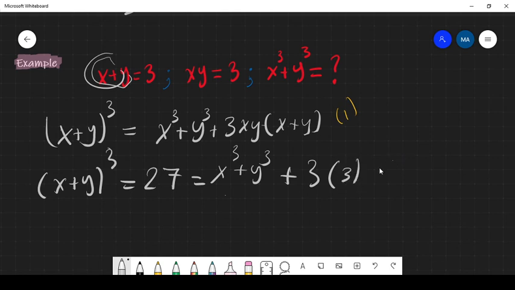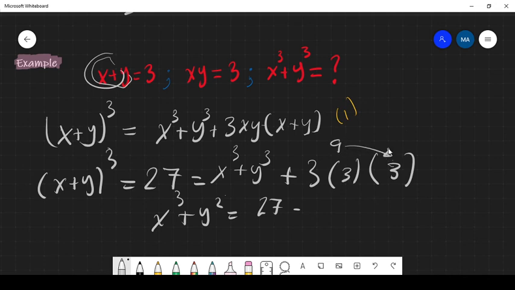So multiplied by 3. X plus y is 3, so multiplied by 3. So x cubed plus y cubed is equal to 27 minus 3 multiplied by 3 is 9, multiplied by 3, 27. So this is equal to 0, okay?